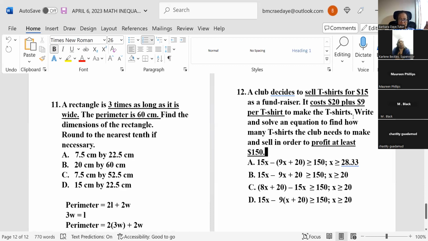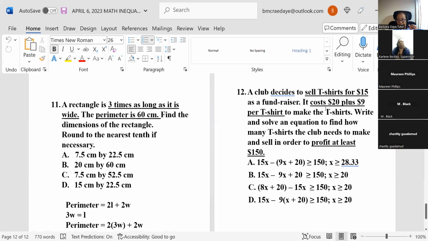It's just a fixed cost that the company making the t-shirts charges you, because they may have to make up a screen for the shirts or whatever. That's a fixed cost, $20. When they're doing a t-shirt, they have a pattern and they may have a $20 cost for that pattern, right? And then for every t-shirt, it's $9. So they charge you $9 to make one t-shirt. That's why I say $9 per t-shirt.